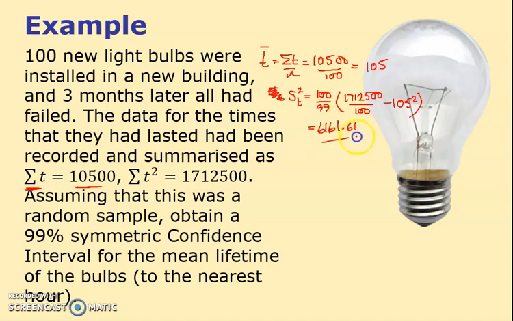It obviously goes on forever, one of those. 6161.62 rounding. So on that basis, we now know that our T, the time bar, normally x bar, but I've written T bar, is normally distributed, mean of 105, and variance 6161.62, rounding.